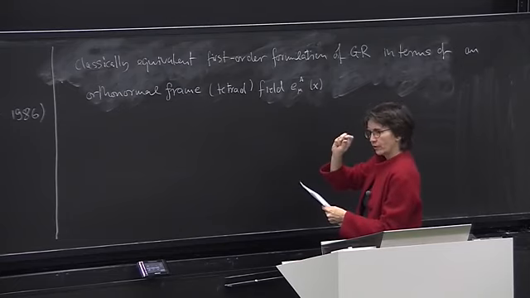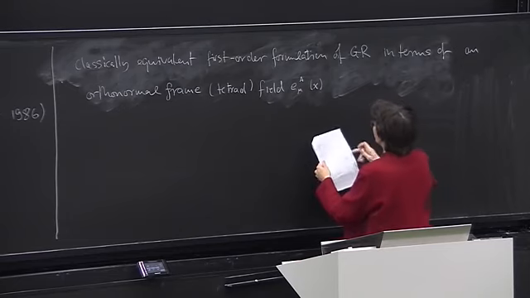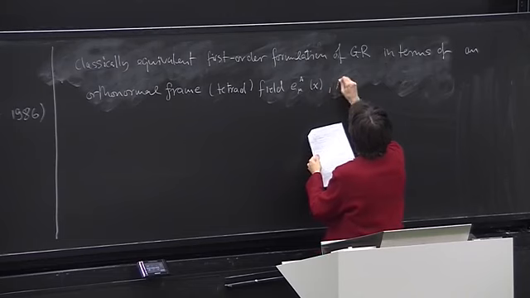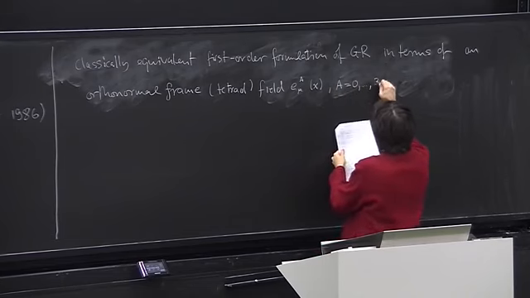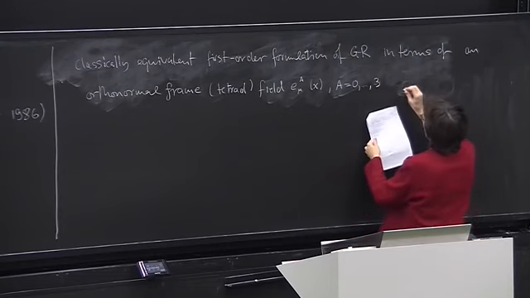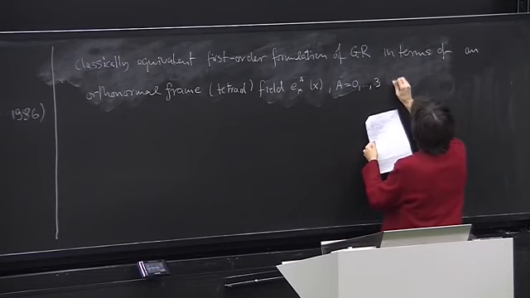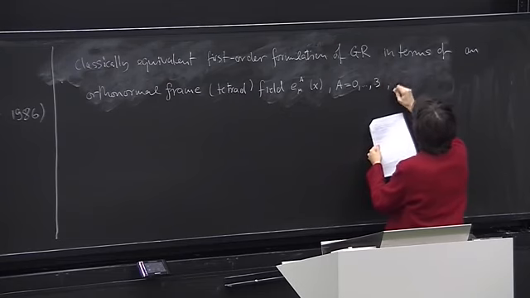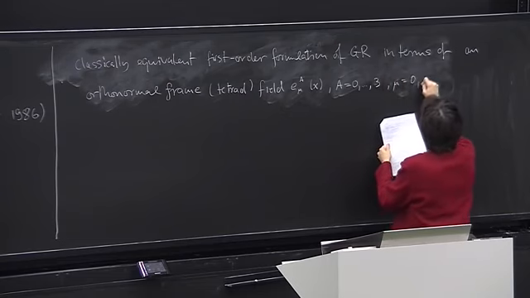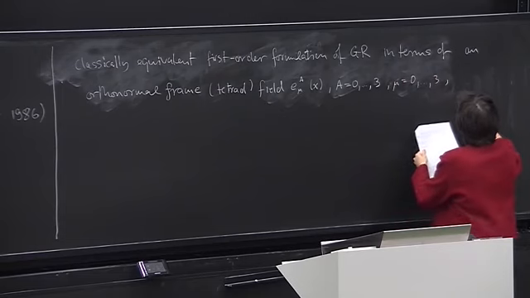So I have an internal space. The label capital A runs, of course, also from 0 to 3, and mu likewise.